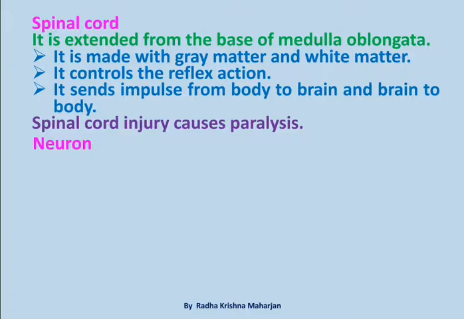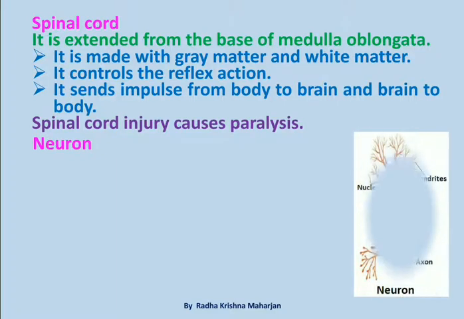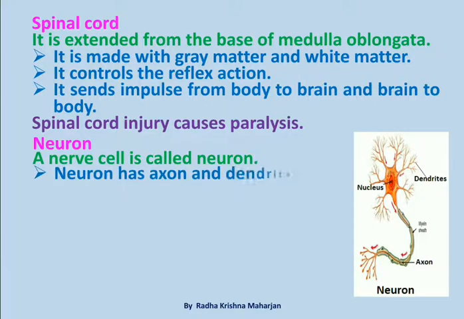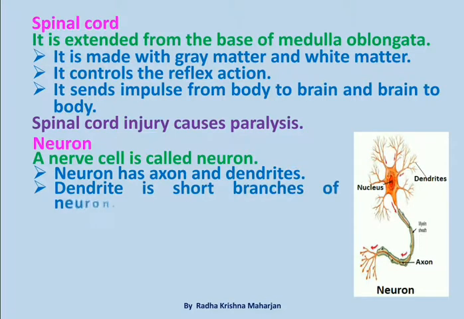Neuron. A nerve cell is called neuron. Neuron has axon and dendrites. Dendrite is short branches of neuron.